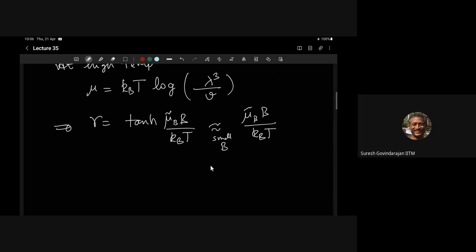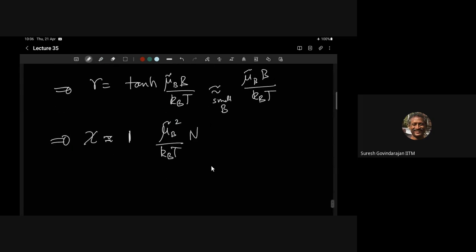And from this, we can show that chi at high temperature is equal to n into, but I think if I want to compare with the other answer, mu tilde has this thing, right?